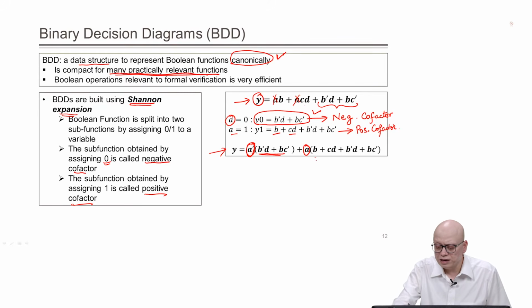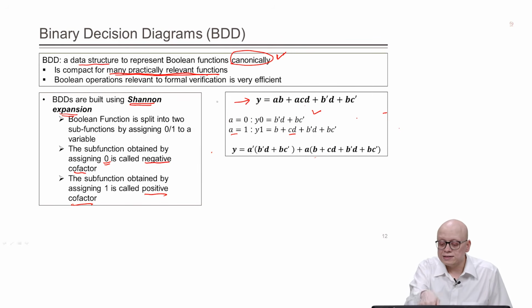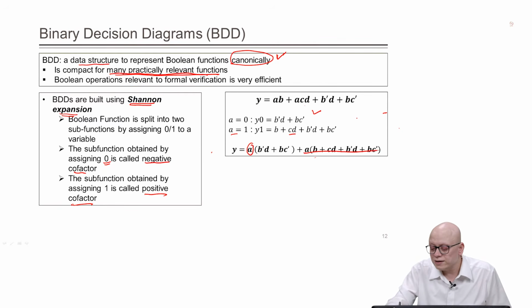So, intuitively we can understand why this function and this function are equivalent. The reason is that a can take only two possible values. If a takes the value 0, then the positive cofactor term goes away, and we are left with only the negative cofactor term.